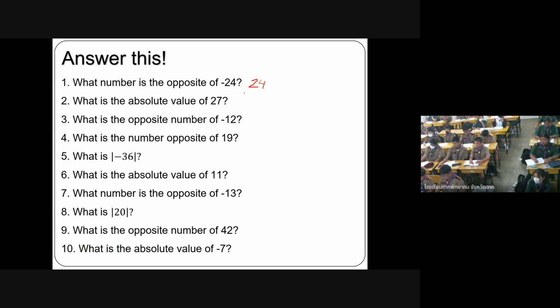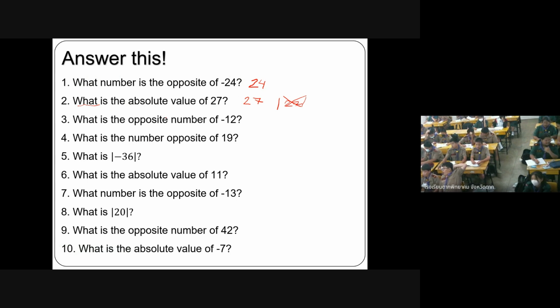What is the absolute value of 27? The answer is 27. The question is, what is the absolute value of 27? We only need 27, okay?